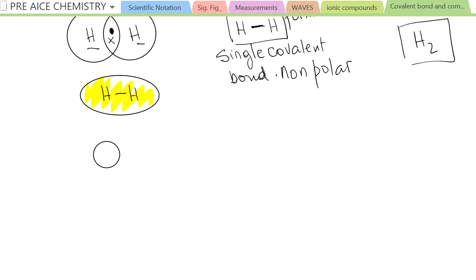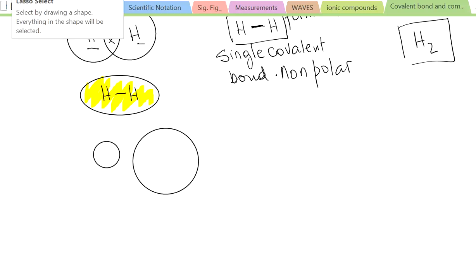So you have hydrogen here, and we are going to put a chlorine. Who is bigger, the chlorine or the hydrogen? The chlorine. It makes sense because it has more layers of electrons. So we are going to put the chlorine that is bigger.